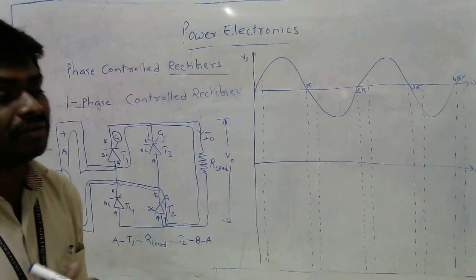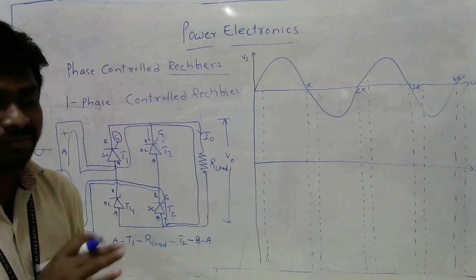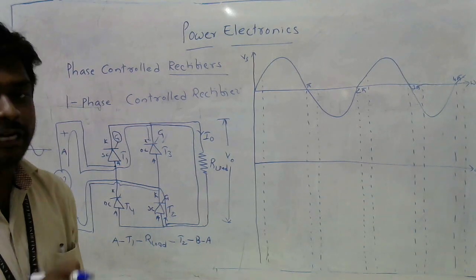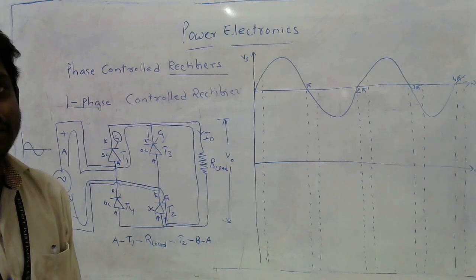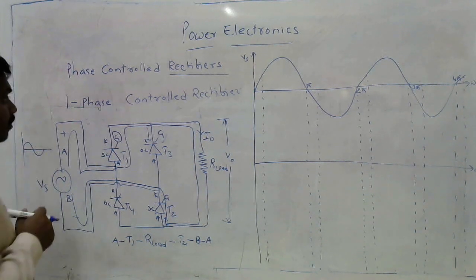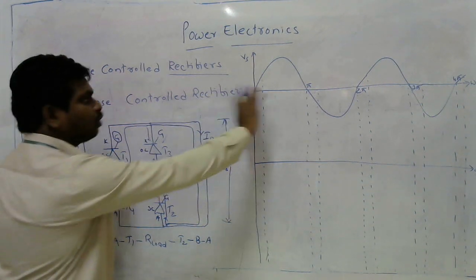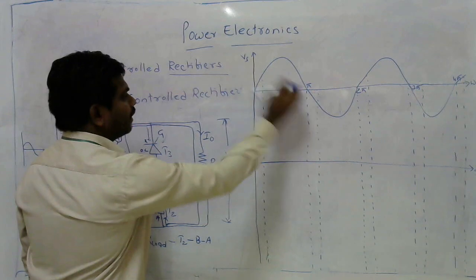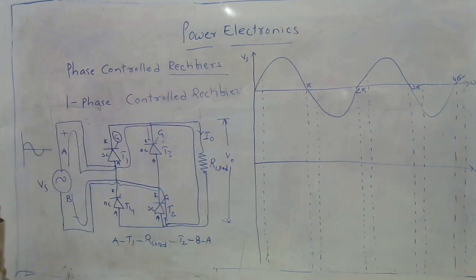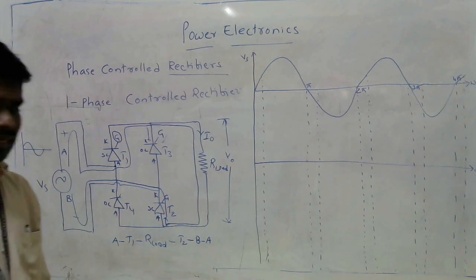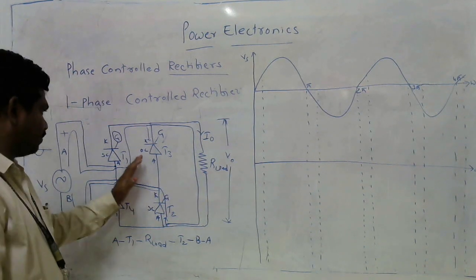But whenever you require 0 to 180 degrees variation in firing angle, definitely we need to go for the RC triggering type circuit only. So alpha can vary from 0 to 180 degrees during the entire positive half cycle.